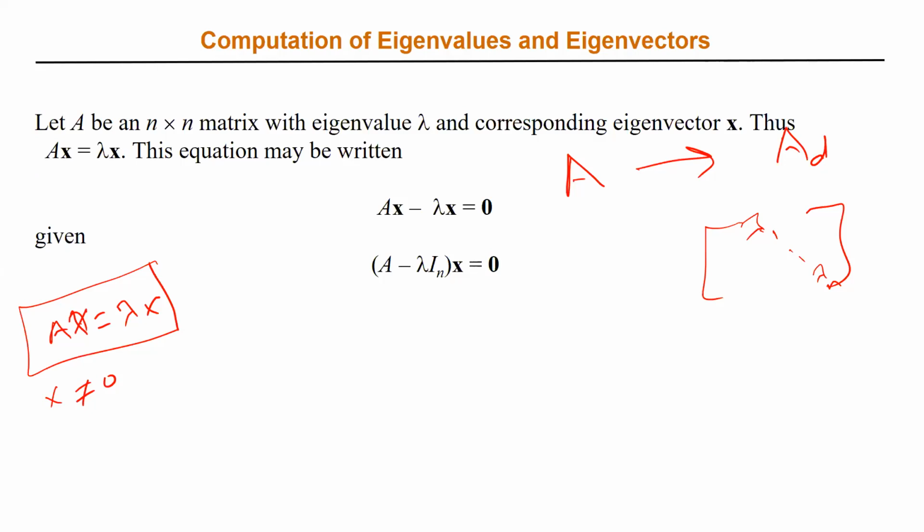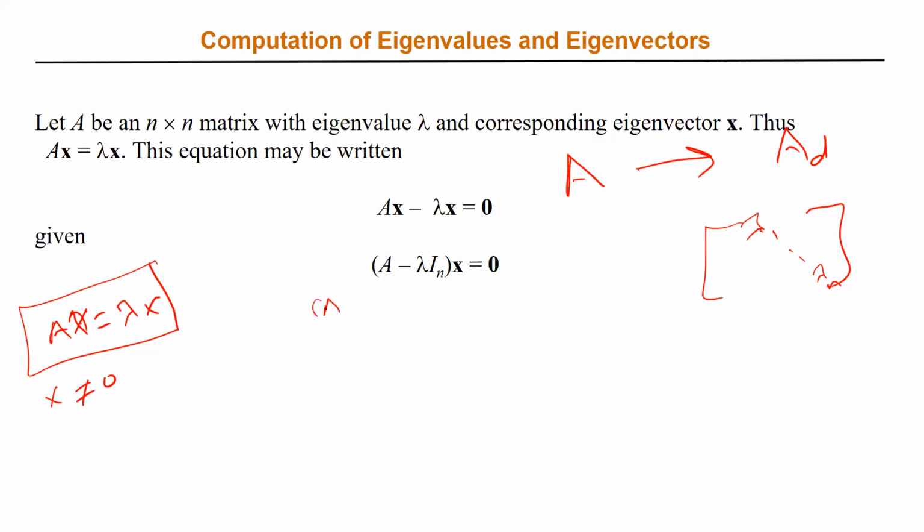Okay, now how do we find the eigenvalues? If you are given a matrix, how do you find its eigenvalues? Take the determinant of A minus lambda I and equate it to 0. Why is that? Because if I have AX minus lambda X, I put it in this format and factor the X out. Suppose A minus lambda I is invertible.